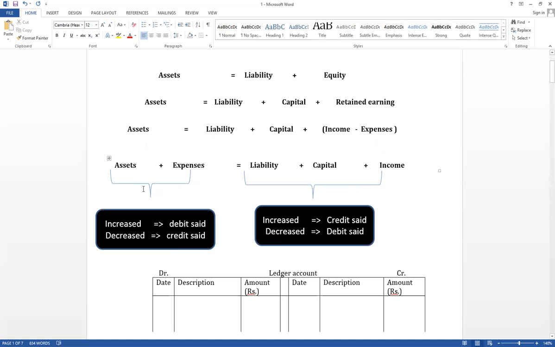If asset and expense increase, debit side. If asset and expense decrease, credit side. But liability, capital, income: if they increase, they should be recorded on the credit side. If liability, capital, income decrease, they should be recorded on the debit side. This is the double entry system.